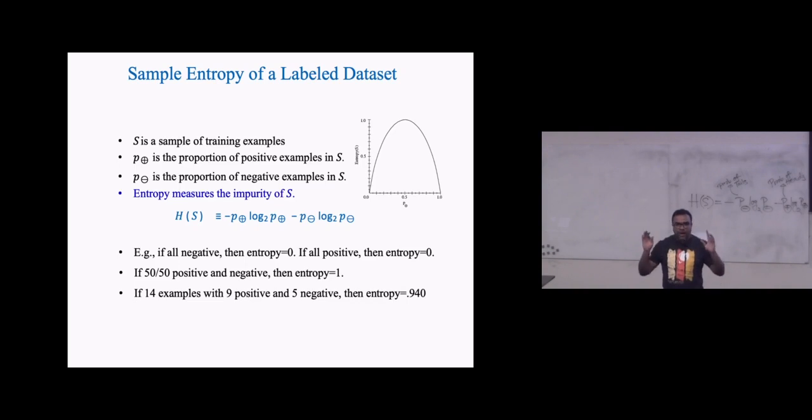No uncertainty. You are 100% certain every time it's going to come up heads. So what does that mean for the probability of plus and probability of minus? Plus is 1. Minus is 0.